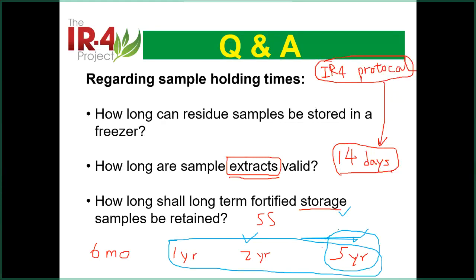Okay, so the correct answer is between 1 and 5. That's in the IR4 protocol. Sometimes we also call these sample archives, which is at least 1 year after submission of the final report.